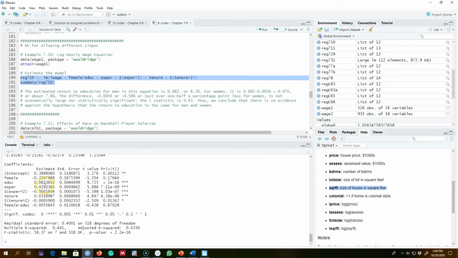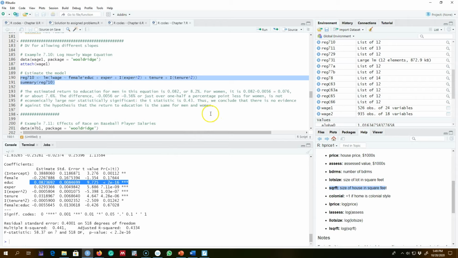Okay, so our variable of interest here is this education variable. What this coefficient value is telling us is that the return to education for men is about 0.082 or 8.2%. Remember, this coefficient value represents return to education for men. This means holding all other factors constant, an additional year of education pays 8.2% for men.